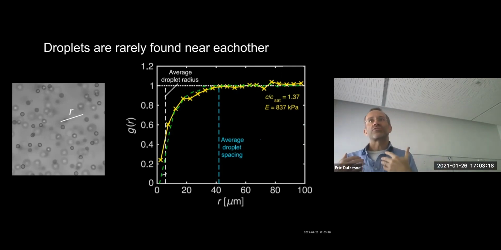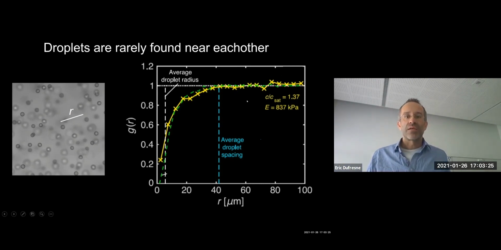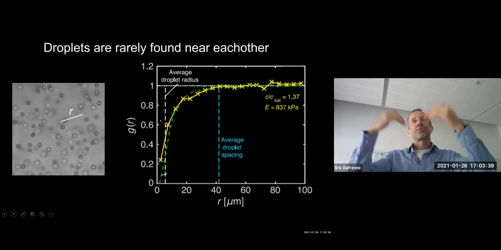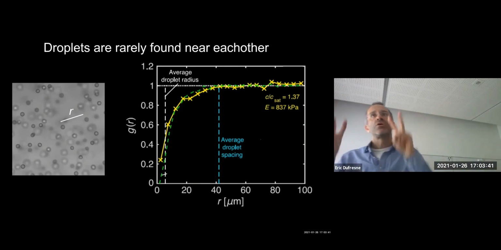And what we see is that there's a very strong anti-correlation in the locations of the droplets. So here we plot G of R, and R equals 40 microns is the average droplet spacing. And once you get past the average droplet spacing, there's no correlation in the droplet locations. But as we get closer and closer, there seems to be a more and more pronounced repulsion.